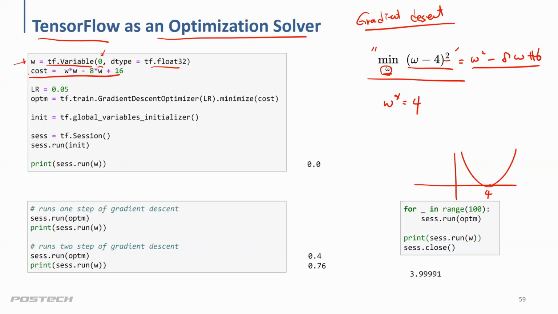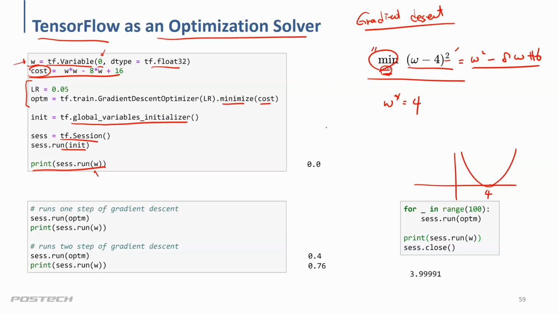Now here I use a cost, and this will be the cost function. To do that, I will skip this process and say we have tf.Variables in our program. I need to initialize it and open the session, initialize, and compute the omegas. Here I want to minimize the cost.